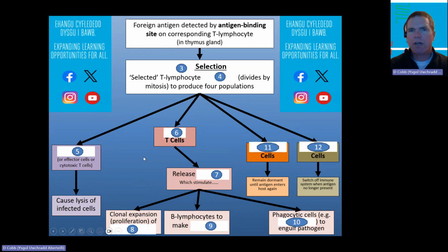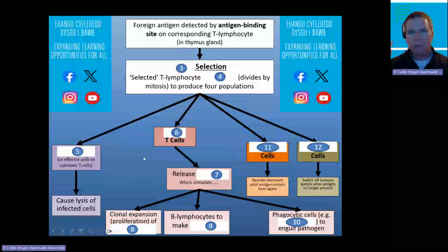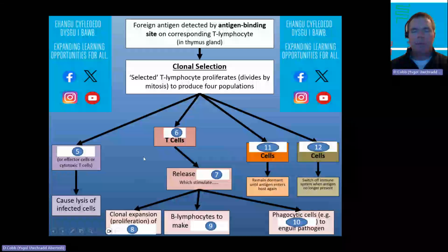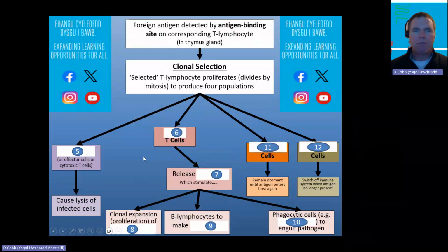Remembering you've got a huge variety of T lymphocytes in the thymus gland, only one of which will be specific to any antigen which enters the body. When that one has been selected, it undergoes clonal selection. To clone something means to produce lots of copies, isn't it? So we're selecting that T lymphocyte for cloning. So it proliferates, number 4. That is, it divides by mitosis, which we said previously, and we get four populations.